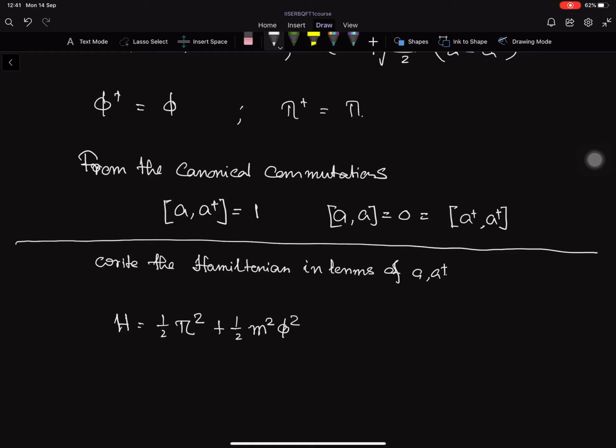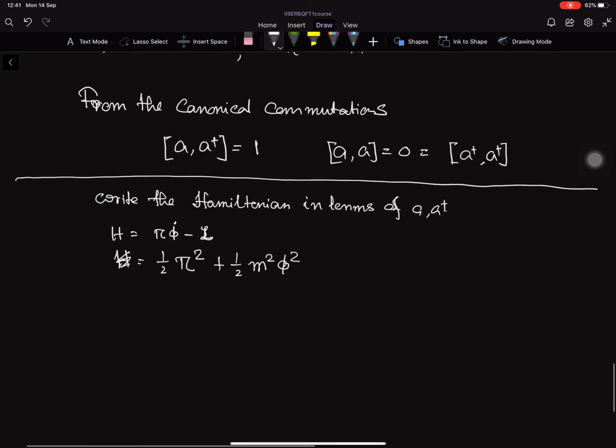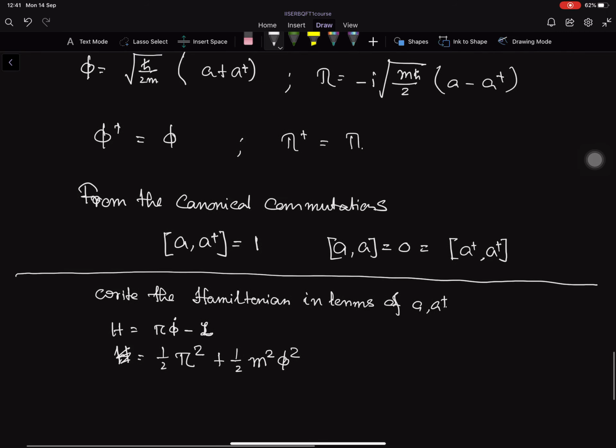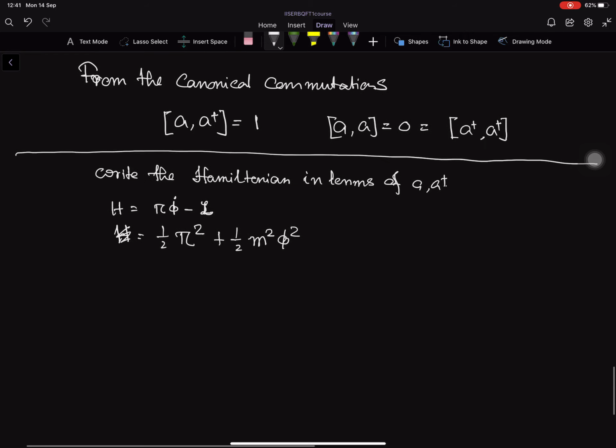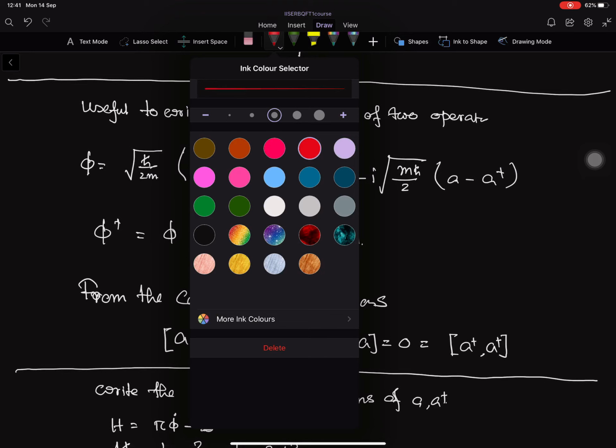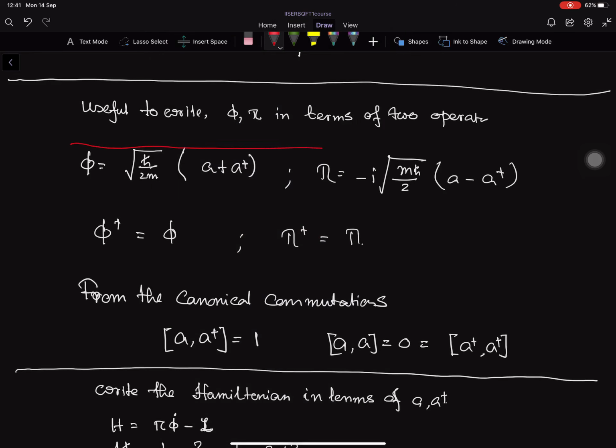The way you derive it is just a Legendre transformation: the Hamiltonian is pi phi dot minus the Lagrangian, and then you get this. This is the Hamiltonian. Now if you substitute the expressions for phi and pi from here, it's just simple algebra to show the result. So, substitute these expressions.